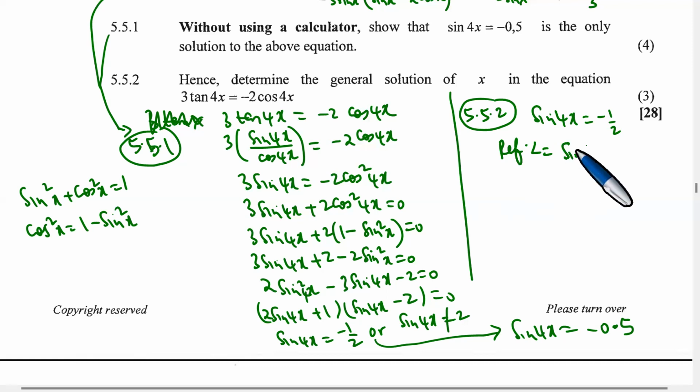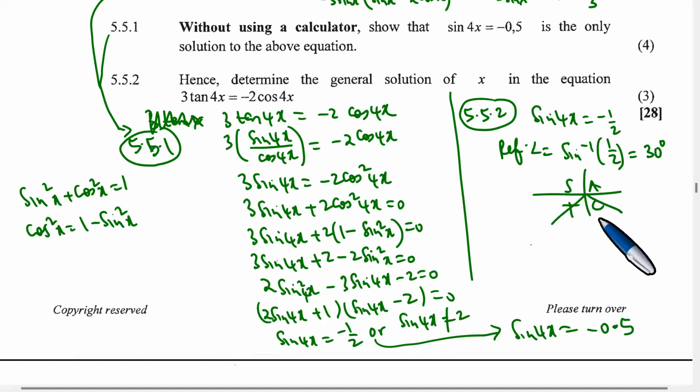To get the reference angle, we're going to do the arc sine of the positive ratio. If you do arc sine of 1/2, the result you're getting is 30 degrees. In view of the CAST rule, in which quadrants is the sine negative? The sine is negative in the 3rd, but also the 4th quadrants. And because of that, we're going to consider both.